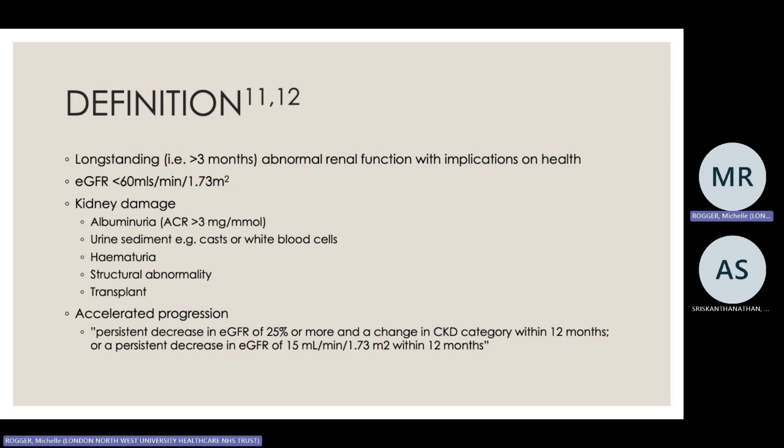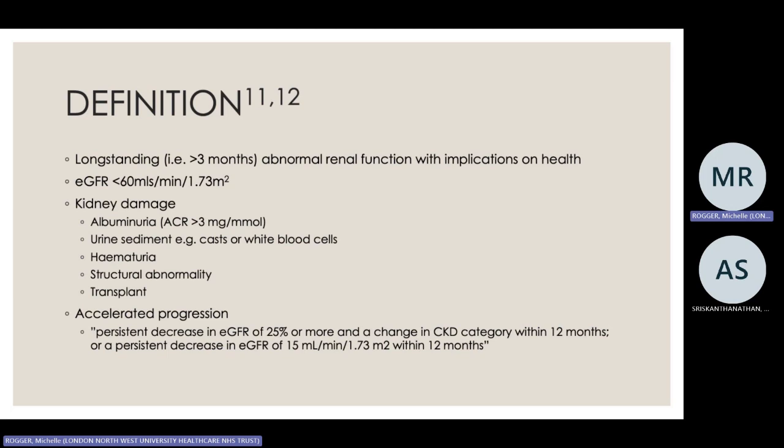The cutoff used is an eGFR of less than 60. The presence of kidney damage can be seen by albuminuria, so an albumin creatinine ratio of more than 3 milligrams per millimole is usually the cutoff, or urine sediments like casts or white blood cells, any hematuria, any structural abnormalities, or if someone's got a transplant.